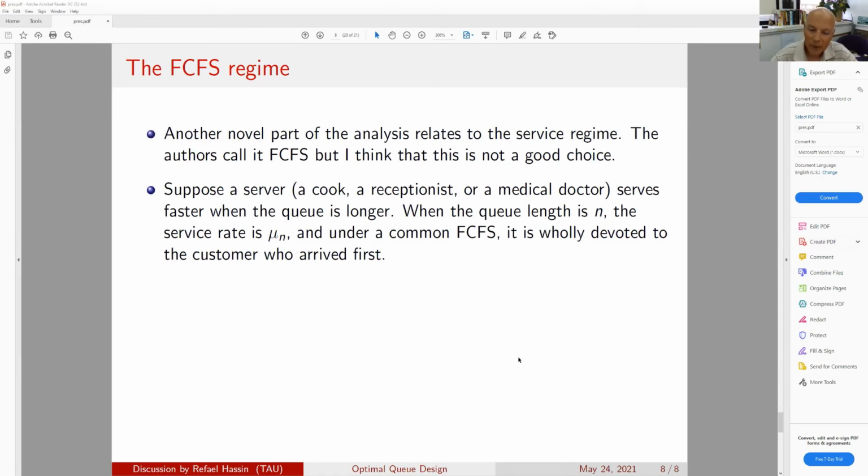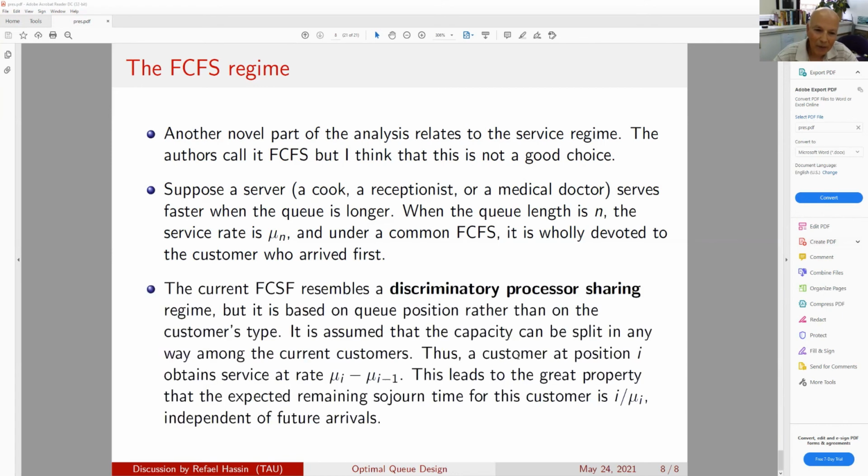The current paper has this beautiful thing that is more related to what's called discriminatory processor sharing. Actually, what the authors called service in random order is, I think, exactly what is called EPS, egalitarian processor sharing, where all customers get service at the same rate. The more general thing is when the service rate is allocated according to some priorities.